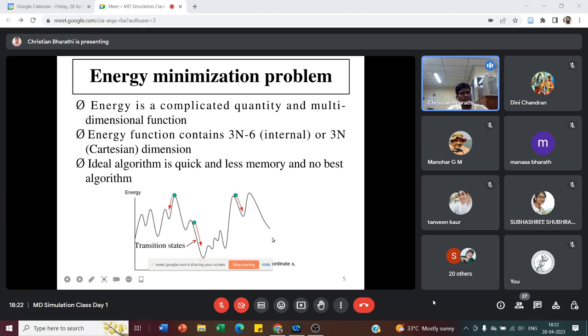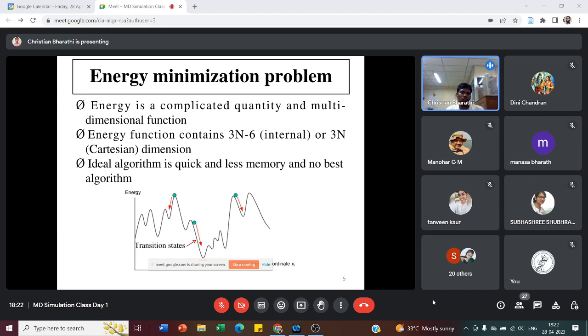We have so many algorithms for energy minimization. There is no particular algorithm for reaching the global minimum, so we have to do it by trial and error.